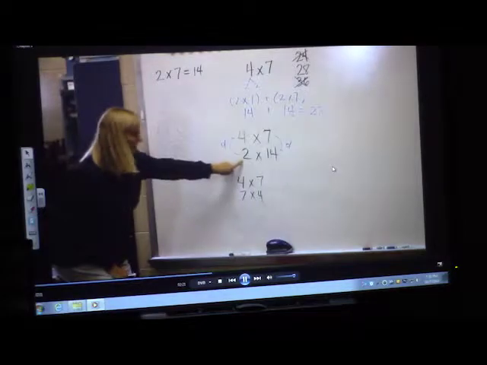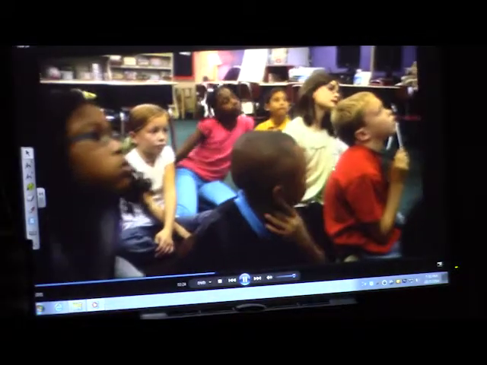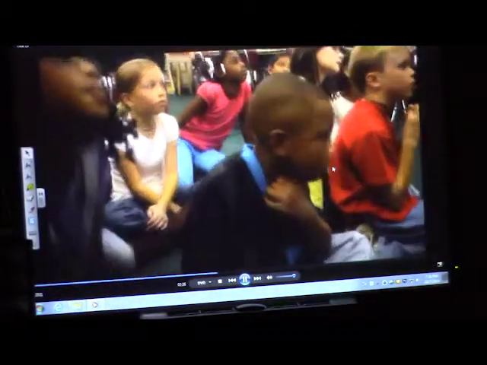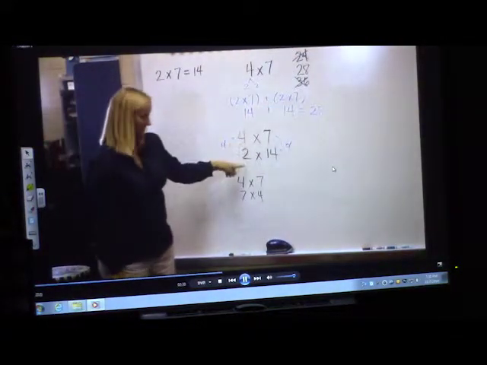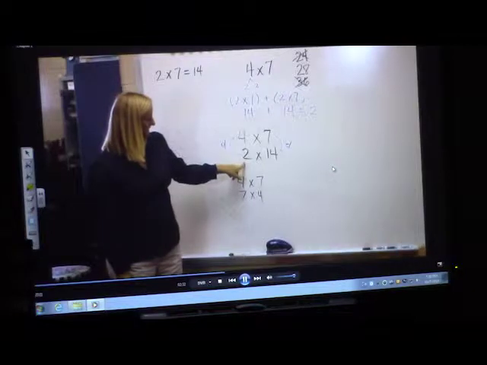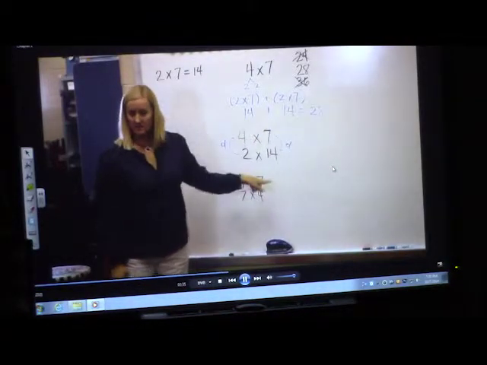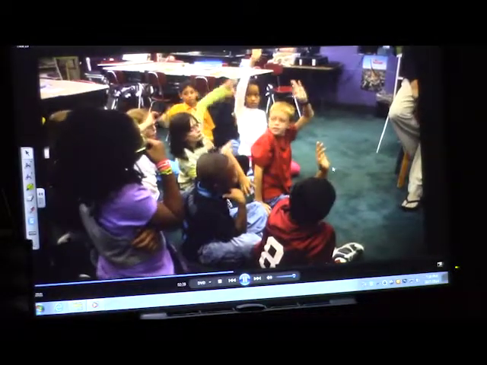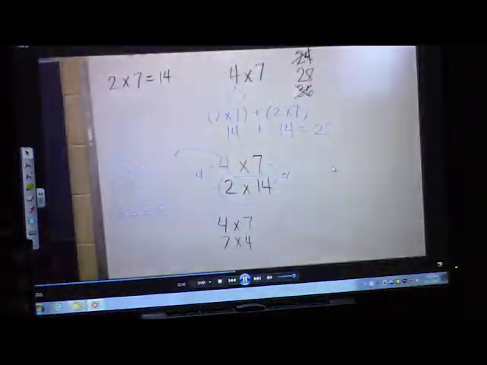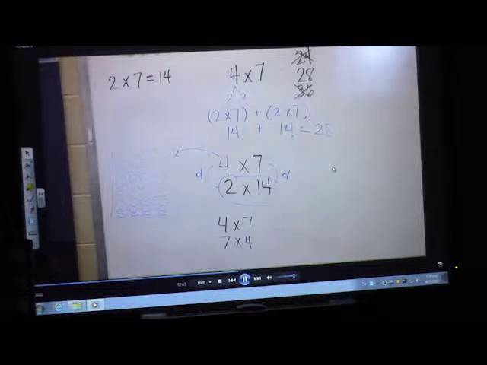How do you think it would look like this if you took them out of this crate and put them in this shape? Because we said the same thing. 2 7s and 2 7s is 2 14s. So it should be the same. I would have like 2 rows of 14.